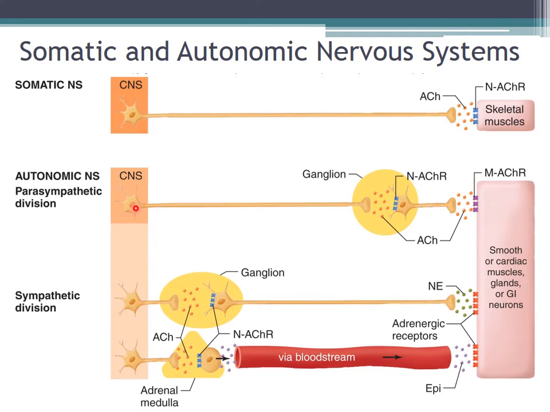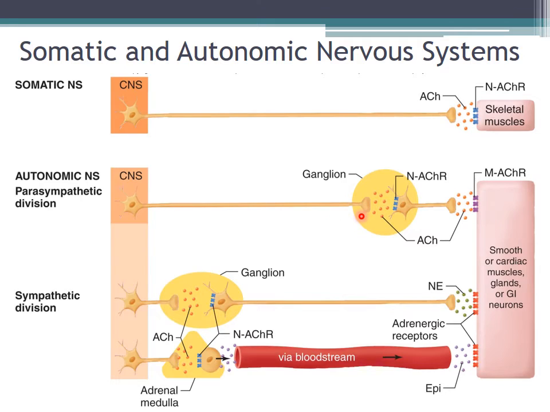In the parasympathetic branch, you have this neuron that goes from the CNS and forms a synapse with a second neuron inside the structure called the ganglion. So this neuron here that goes from the CNS to the ganglion is called the preganglionic neuron. So the preganglionic neuron right here.